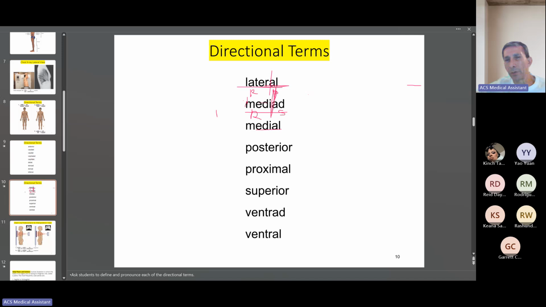Then we have the bottom one, it says medial. Don't mix them up. Mediate and medial have totally different definitions because the suffix is different.